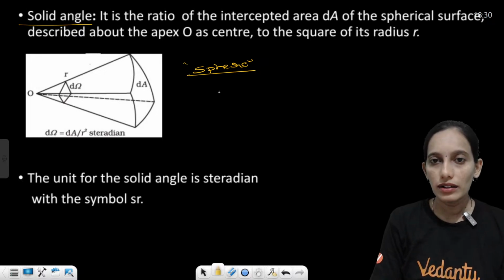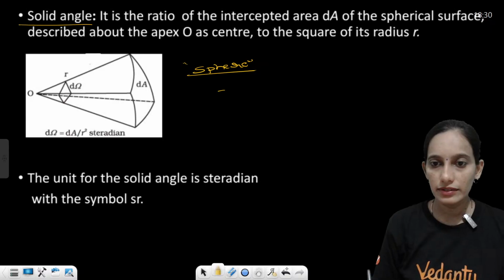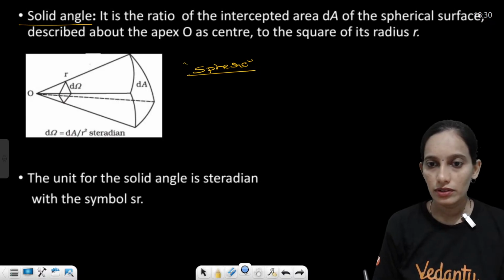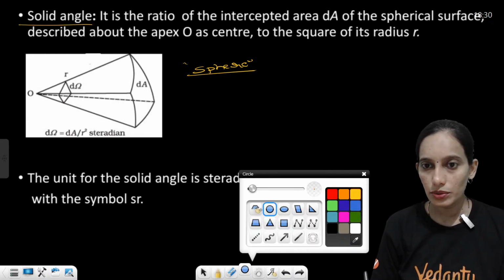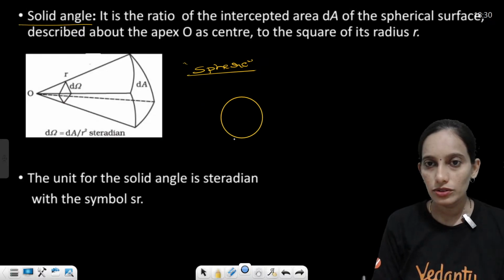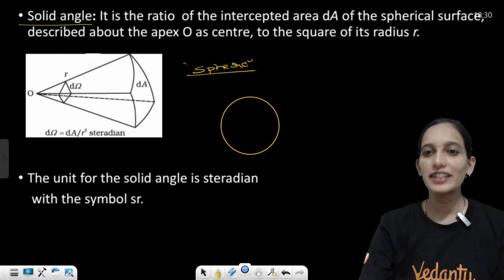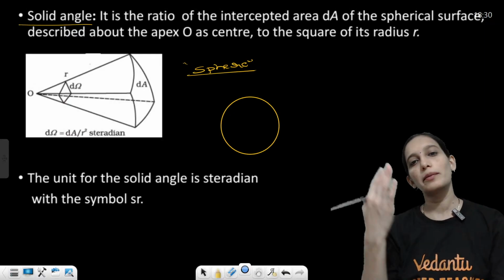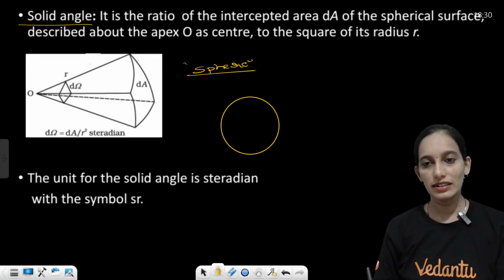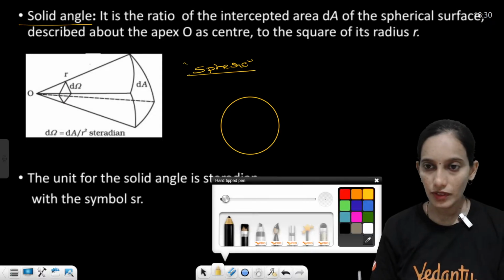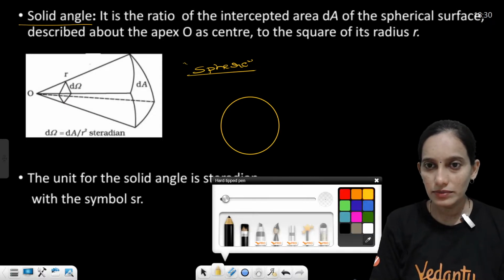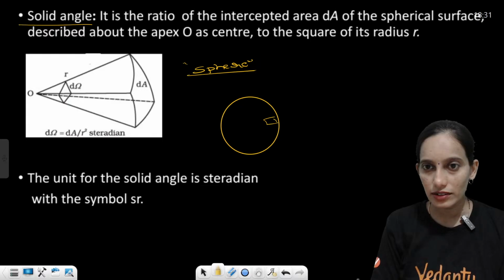Okay, so let me try to draw it again. Just imagine it is in 3 dimensions, because when I try to draw a sphere in 2 dimensions, it appears to be a circle itself. Here we have to take some surface area, and let me say this is the center of the sphere.